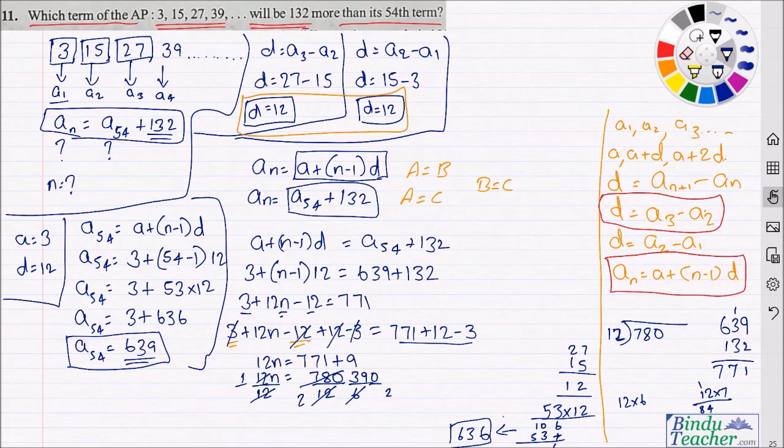Again, let's go with 2. 2 into 3 equal to 6. 2 into 1 equal to 2. Then we have 18. Then we have 5. Okay, so we get 195. Then let's say 3 into 1 equal to 3. 3 into 6 equal to 18.